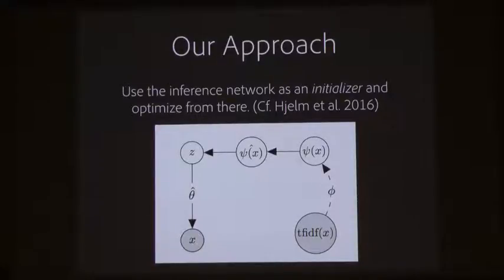That way, from the first iterations we're getting reasonable gradient signals for the generative model, even though our inference network hasn't really figured out what to do yet.